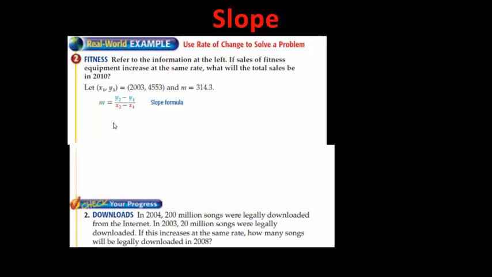And we're going to go through and just plug in the information that we're given. If you look right up here, they're going to say let x1 and y1 equal 2003 and 4,553. And then they're going to tell us that our slope is 314.3. So what we're going to do is plug that information in.